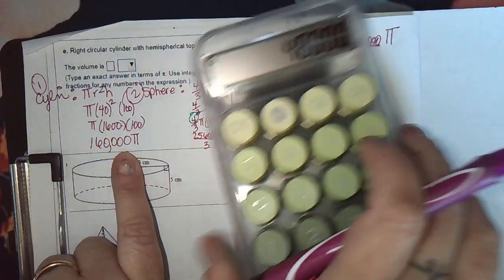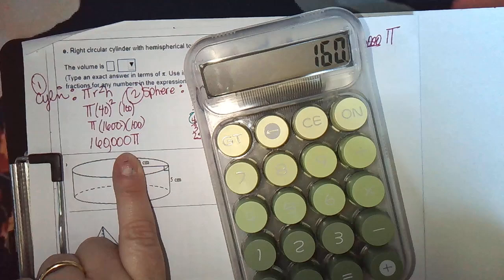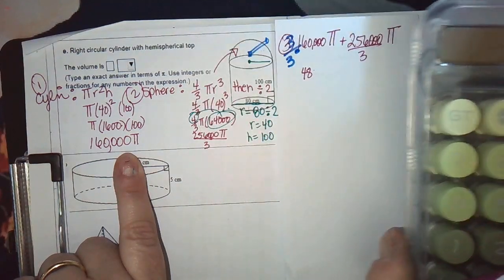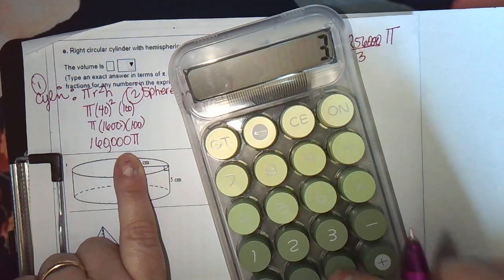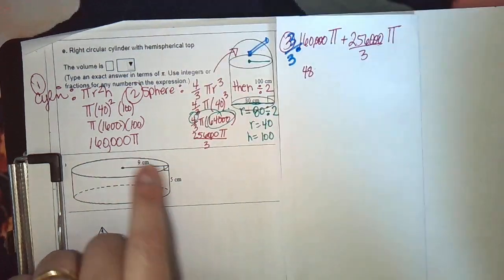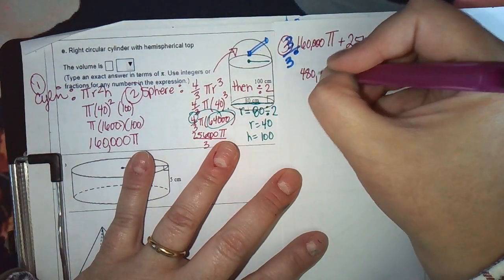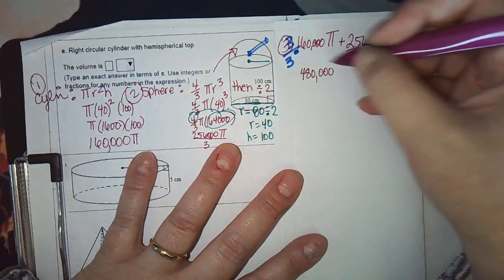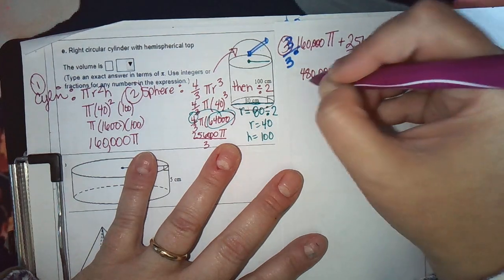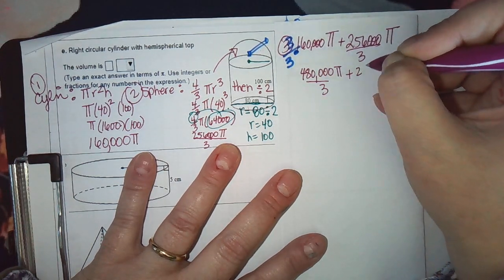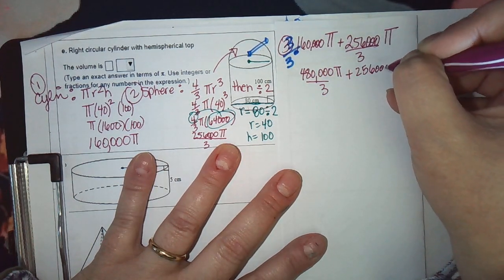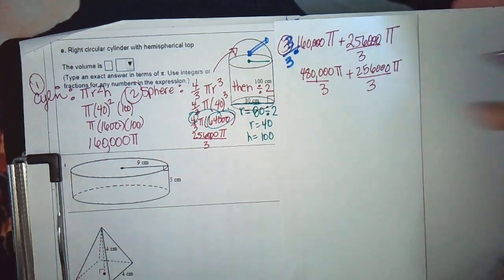I didn't do enough zeros. Hold on. 160,000 times 3 is 480,000. Okay, 480,000 pi over 3 plus 256,000 pi over 3.